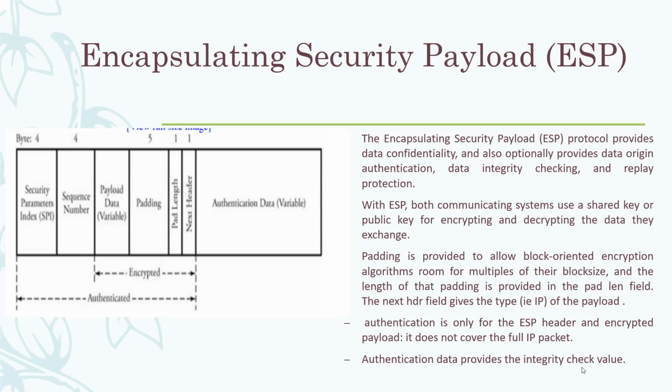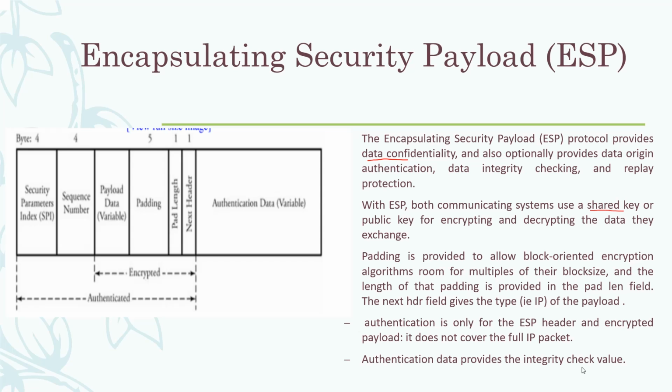The encapsulating security payload provides data confidentiality and also provides data origin authentication. This is an option: authentication, data integrity checking and replay protection. With ESP, both communicating systems use a shared key, that is a single key for encryption and decryption, or public key for both encryption and decryption.